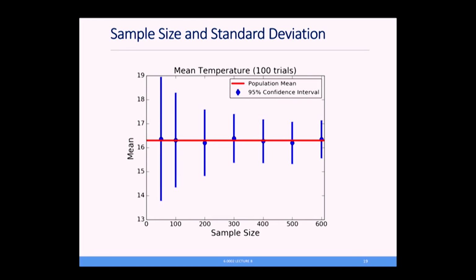And so what I've plotted here is the mean against the sample size with error bars, and 100 trials in this case. So what you can see is that as the sample size gets bigger, the error bars get smaller.